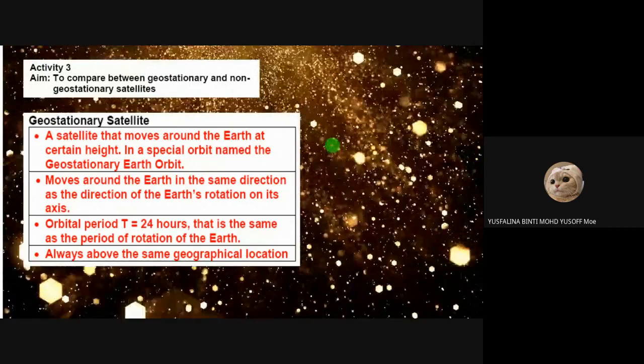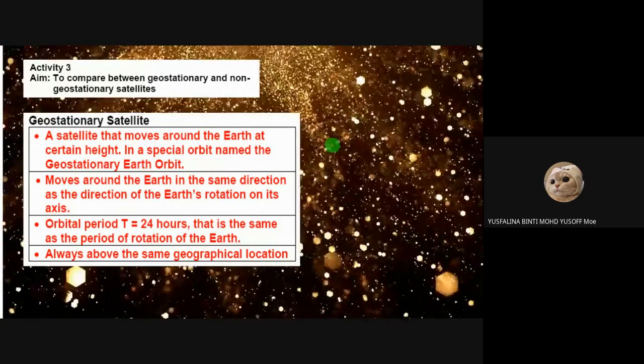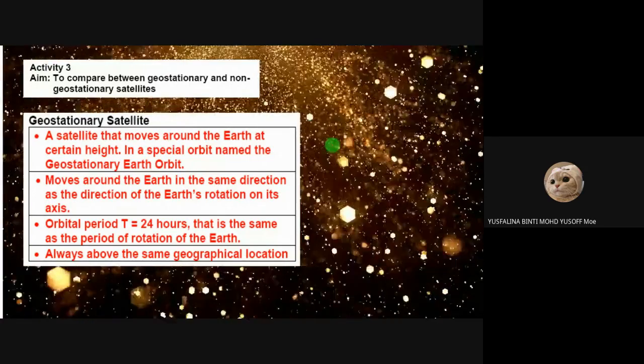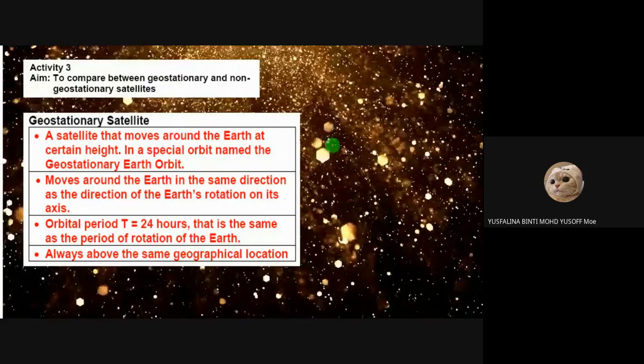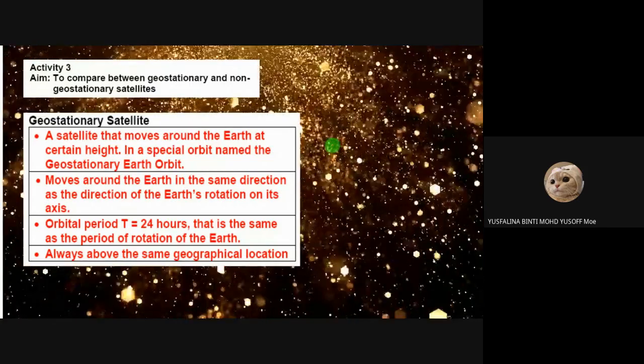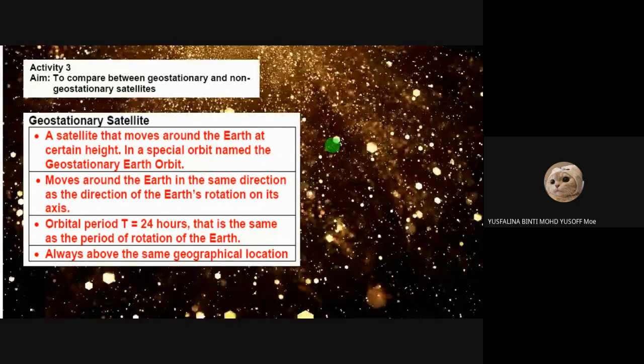That means it's equal to 1 day. So that is the same as the period of the rotation of the Earth. So it will take 24 hours to make one full circle, same like the Earth. So it takes the same time, the same period.